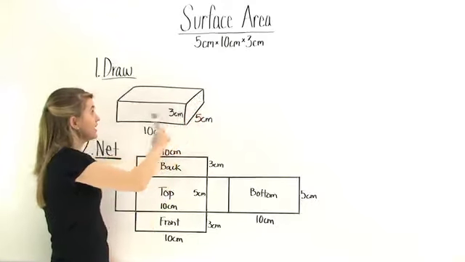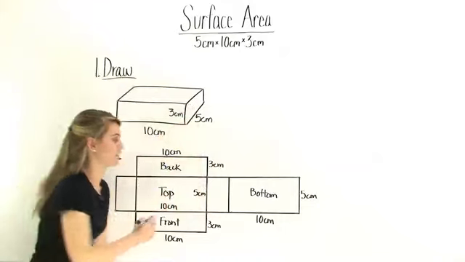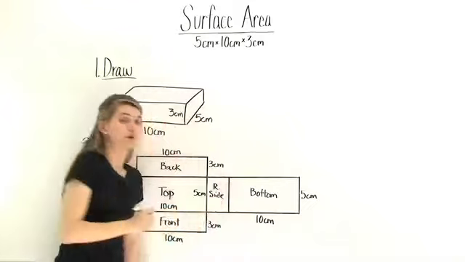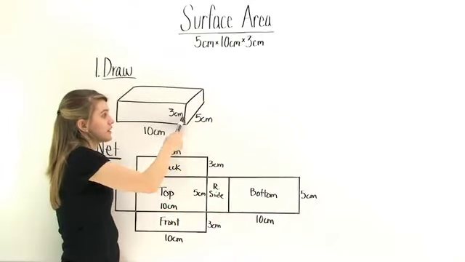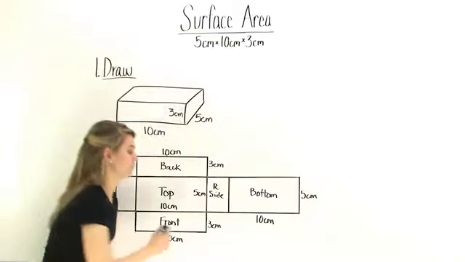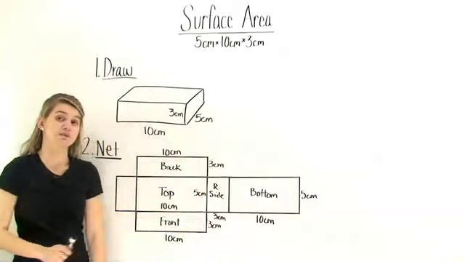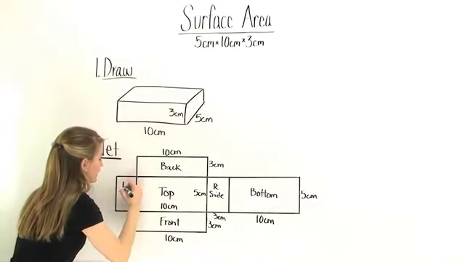Lastly, we have our 2 sides. We have our right side and our left side. The right side would be this side right here. So this rectangle is the right side rectangle. The right side rectangle has dimensions 5 centimeters by 3 centimeters. So this right here would be 3 centimeters. We already have our 5 centimeter side marked. This right here then would be our left side rectangle.